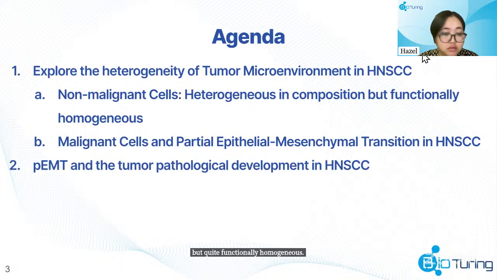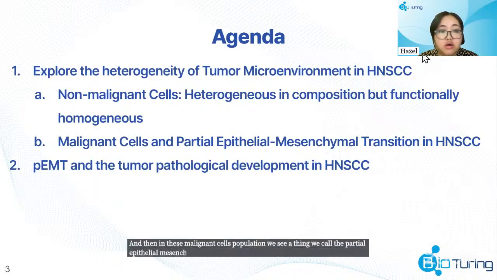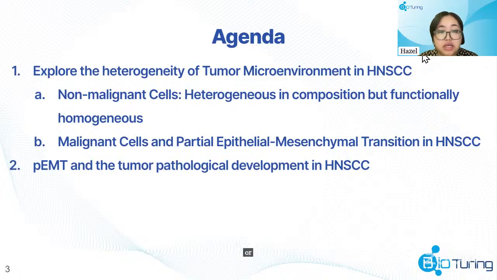Then with the malignant cells, we see a quite different situation, which we'll show you in a little bit. In this malignant cell population, we see something we call partial epithelial mesenchymal transition, or partial EMT, in head and neck cancer. In the second part of this session, we will show you more about what partial EMT is, and at what stage of the cancer we can see the pEMT.